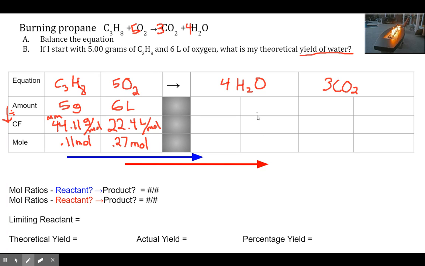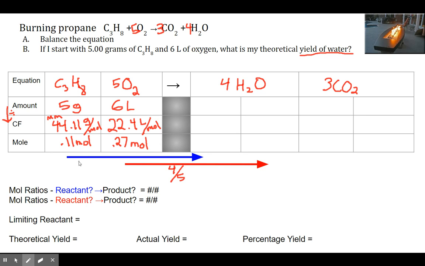So the red arrow, which I can put here, the ratio is 4 moles of water over 5 moles of oxygen. So that would be my ratio on that line there. For my blue line, going from the propane to the water, it is 4 moles of water for every 1 mole of the propane.